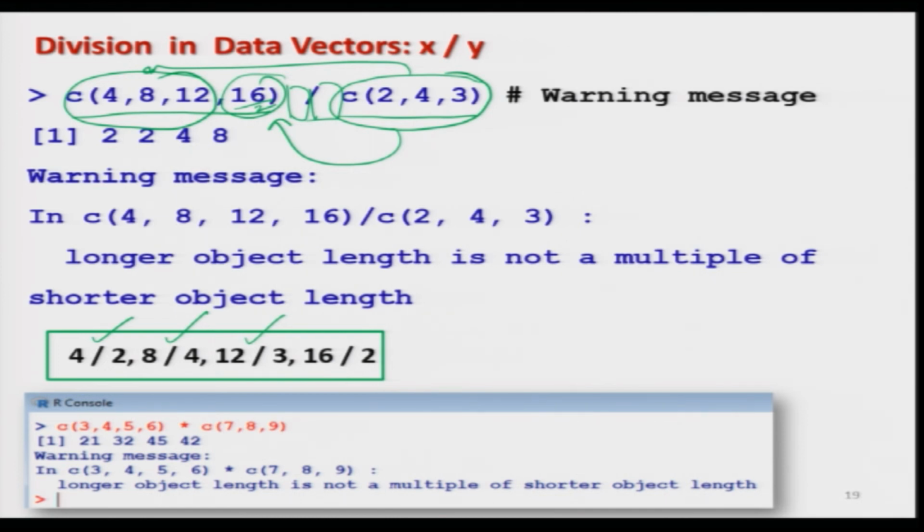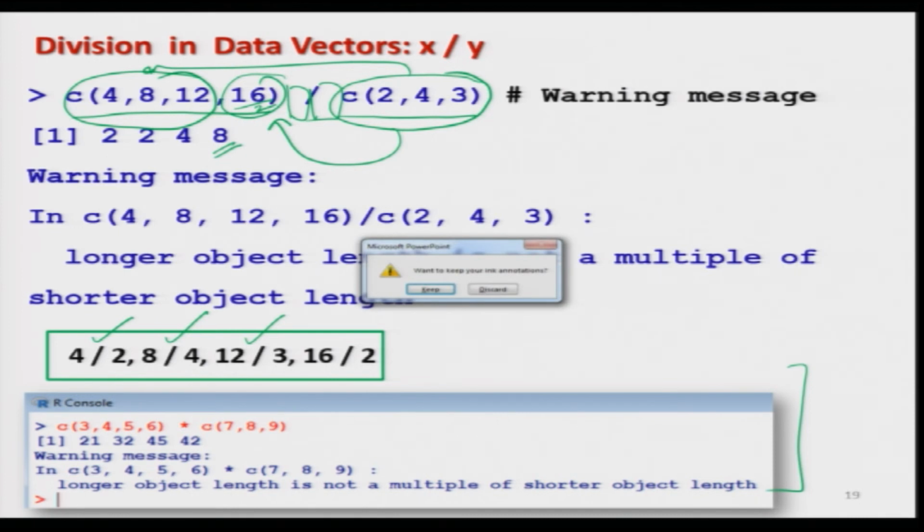Since there is no number, it will give you a warning and indicate, yes, please see that after 16 there are no numbers. I am unable to do any operation, but please check that this is exactly what you wanted to do, right, and then you will get the answer 16 by 2, which is 8, right. And this is the screenshot of the same operation.